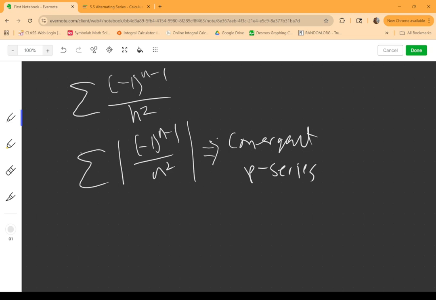It's a convergent p-series because the absolute value of that would just be, all that does is eliminate the plus minus. They're all plus, so it's just 1 over n squared. So it's a p-series where p is bigger than 1, and we've proven before in a previous video that this is a convergent series.